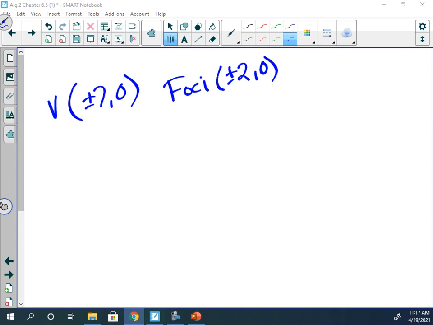One of the best graphing calculators we have online is Desmos. You can Google Desmos graphing calculator. It does very well at graphing most of these, so we can use it to graph points as well as actual equations.